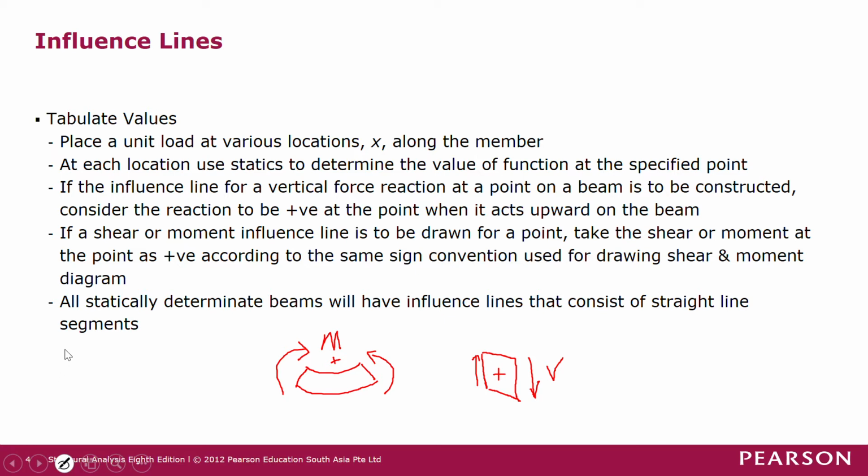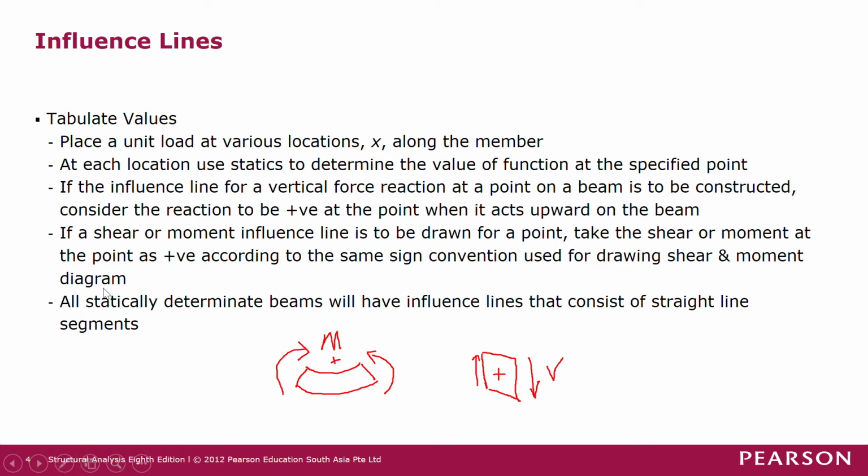So meaning that if you cut across a section and we have a shear on the right hand side of the cross section, and if the cross section is on the left hand side, then the shear will be upward. So this is positive shear for this side. This is also positive shear for this side, depending on which side you cut across the section.